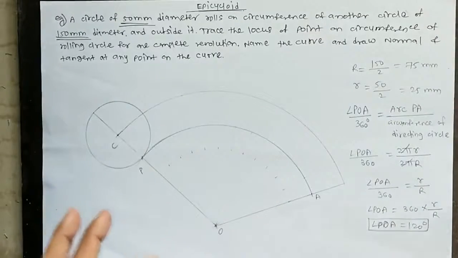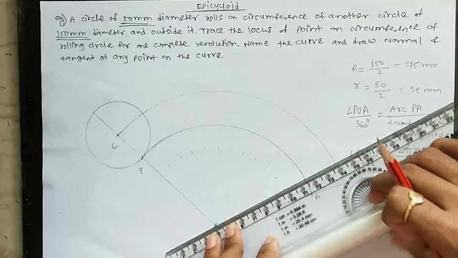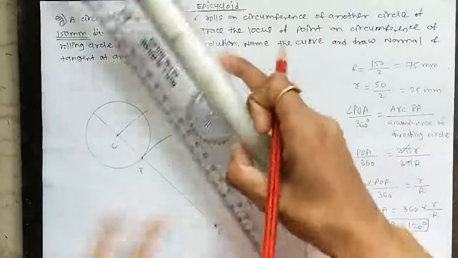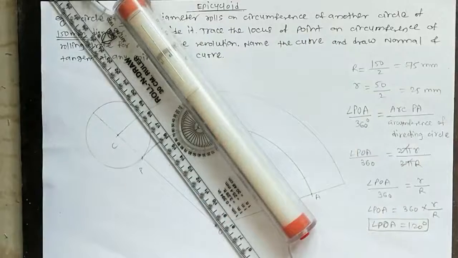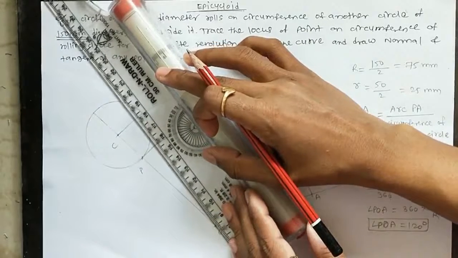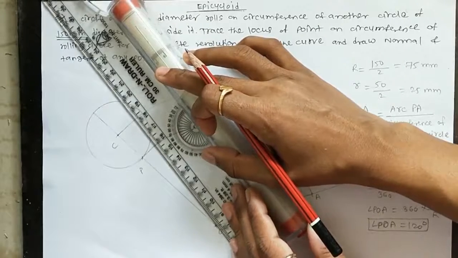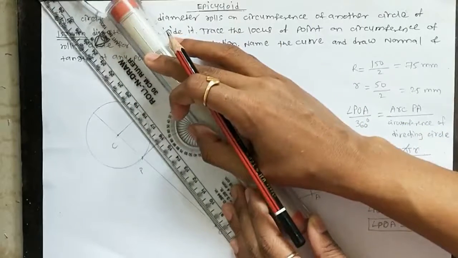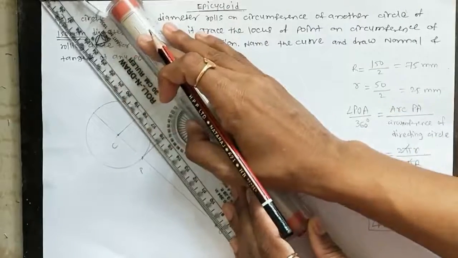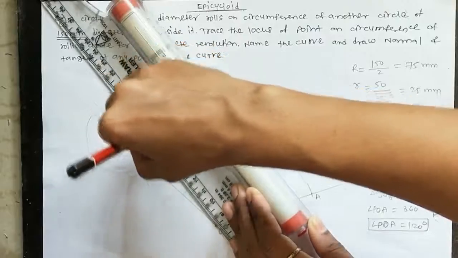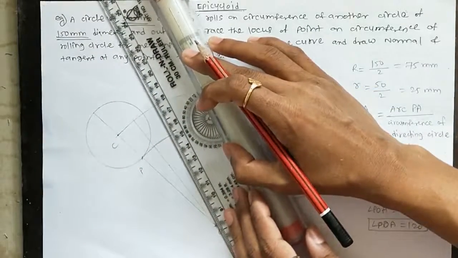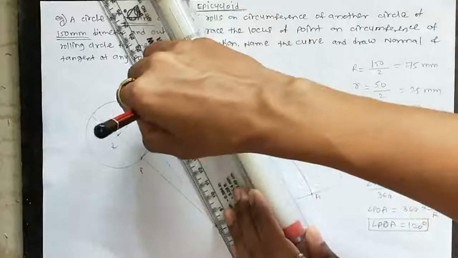Now join all these points up to this center line. I will start from here. So join this point to point O. Then second at 20-degree angle.